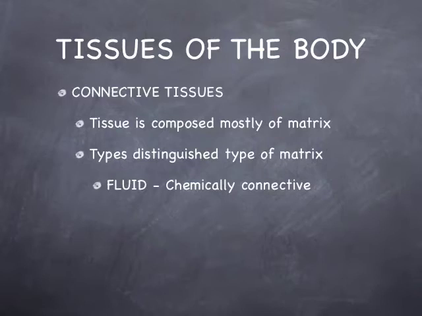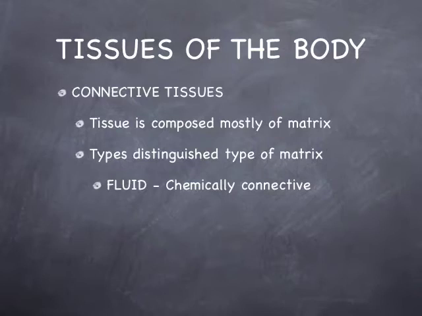Now, how many, if I had asked, would have thought that your blood was a tissue? You might not have thought, can a liquid that's running around in your body be a tissue? But think, it does fill the definition, doesn't it? Are there cells in your blood? Yes, there are. Red blood cells, white blood cells. So it's cellular, it's got cells in it.